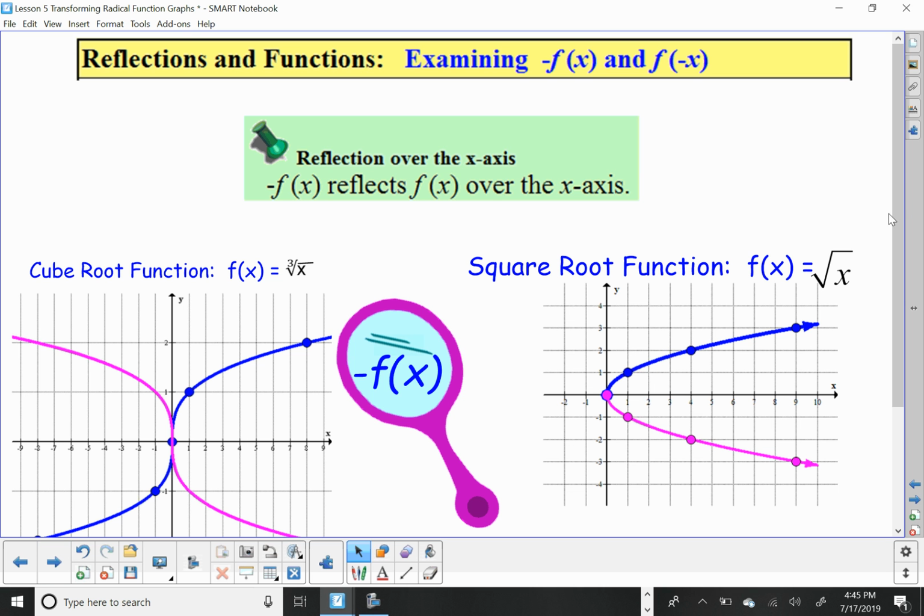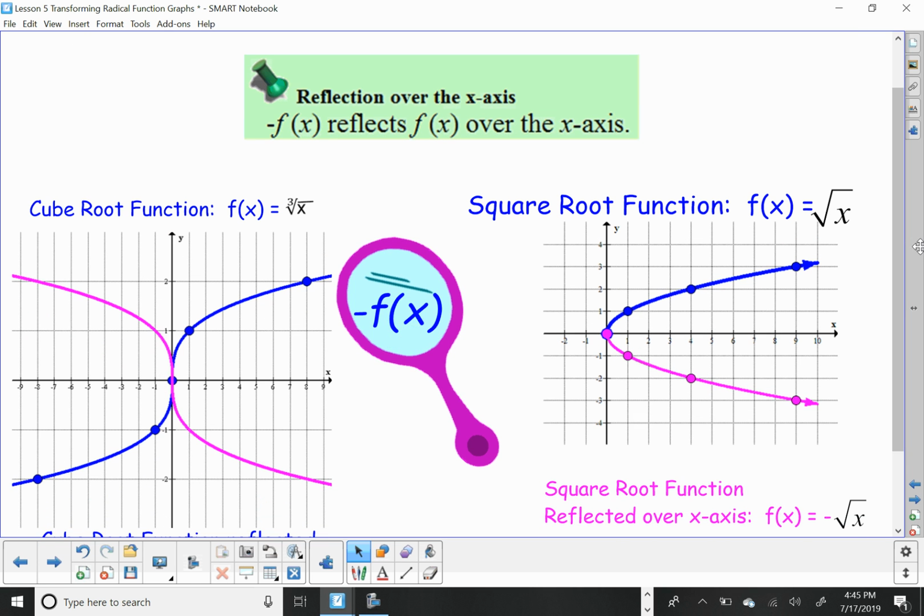Reflections. Okay? First off, a negative on the outside reflects it over the x-axis, upside down. So here we have the cube root in blue. If I do negative the cube root of x, the negative on the outside, I get this pink line.